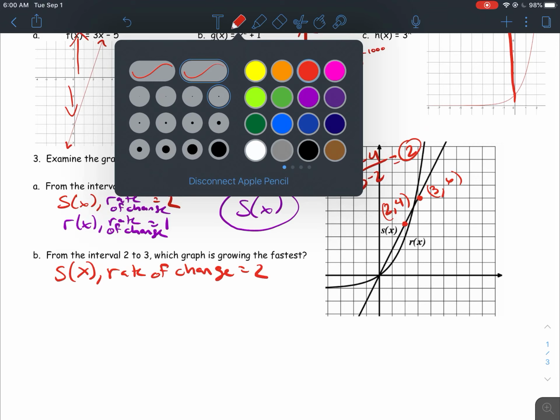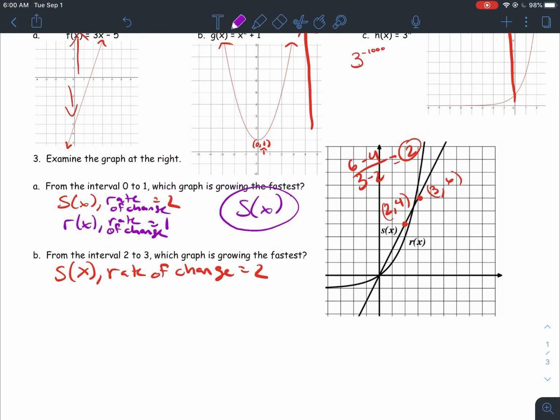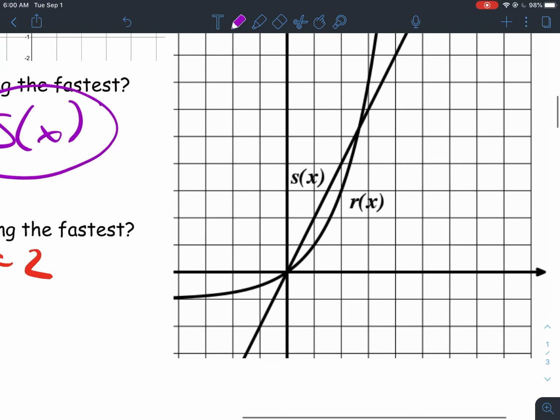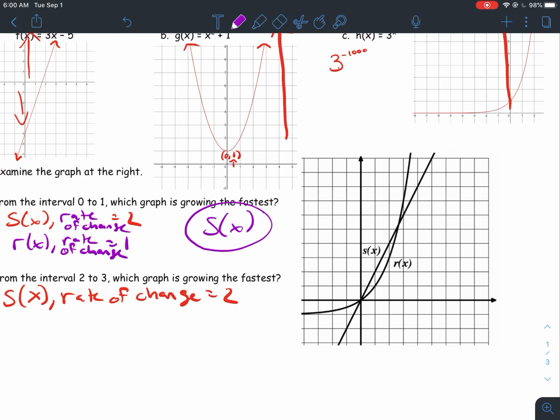Now let's find s of x, or I'm sorry, r of x. So for r of x, at x equals 2, we start off here. Then at x equals 3, we start off right here. So our point is (2, 3). Then we've got (3, 7).